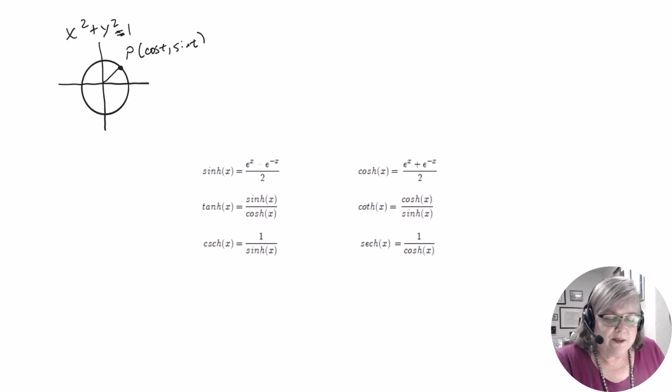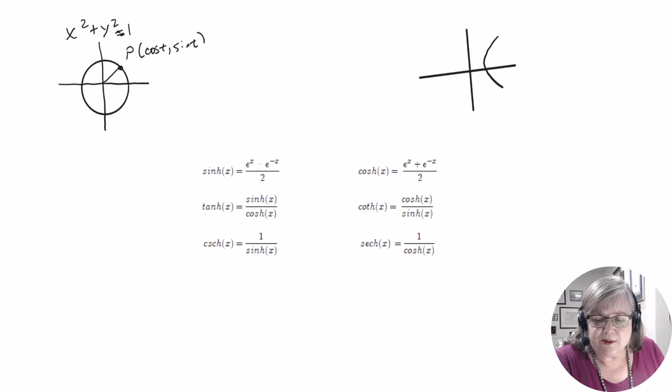Now, for us, all of these are kind of the same thing, you can trace them through, but instead of being traced through on a circle, they are traced through on a hyperbola, to where the point would travel along the hyperbola.